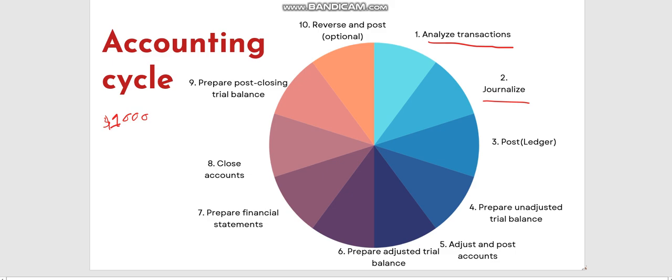So we'll have cash debit, and then we'll have owner's equity credit. This is an example of journalizing.